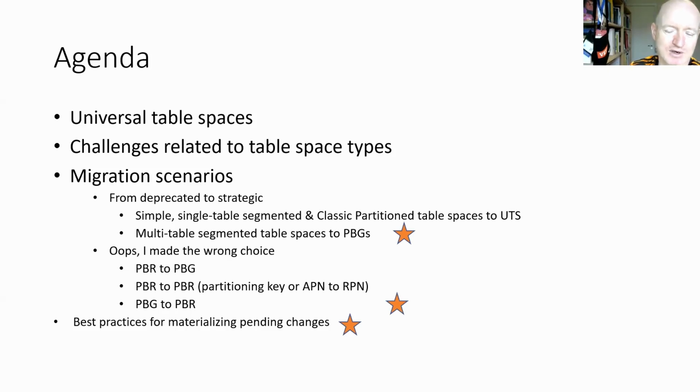I'll talk a bit about these, and then finally, you might have started out with a PBG, then it has grown to an unreasonable size, and now you want to move it to a PBR, and that has recently become available with DB2 version 13. As I go along, I'll talk a bit about the materializing reorg and some best practices and some optimizations you can do for the materializing reorgs. And by the way, if you have any questions, please jump in and ask as I go along.